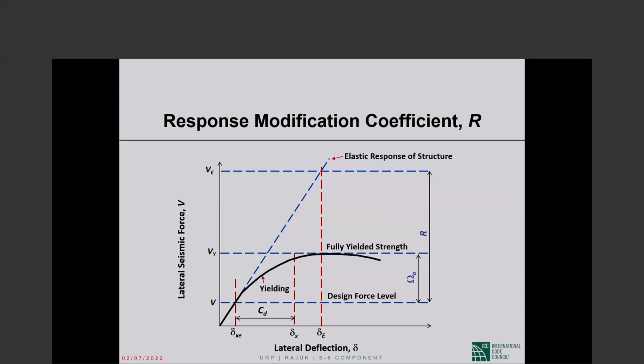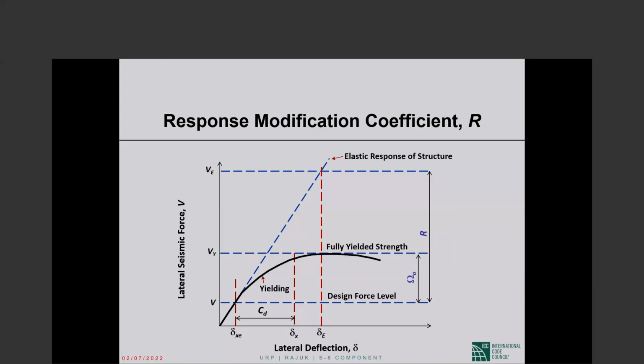Okay. Now, this line shows hypothetical elastic response. If our structure were to respond elastically to the design earthquake of the code, it would have developed a force equal to V sub E and would have suffered a total displacement equal to lowercase delta sub E. Okay.